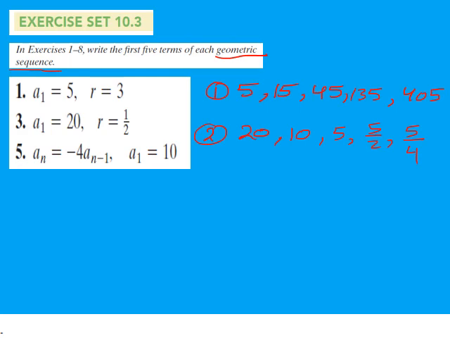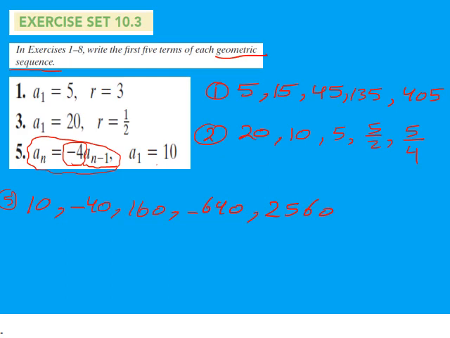For number 5, I have the recursive formula of multiplying the preceding term by -4. The first term is already given: 10, and then each time I'm going to multiply by -4. So -40, multiplied by -4 is 160, multiplied by -4 is -640, multiplied by -4 is 2560.